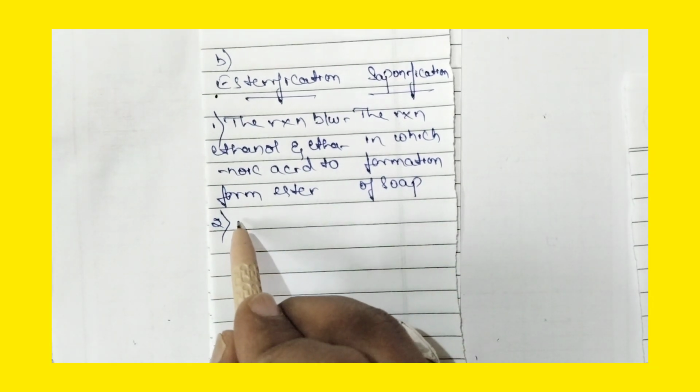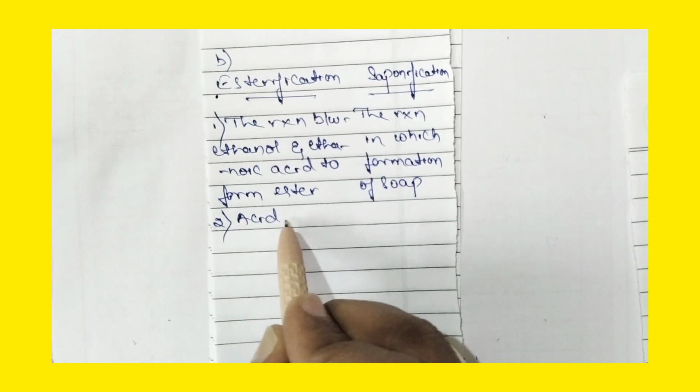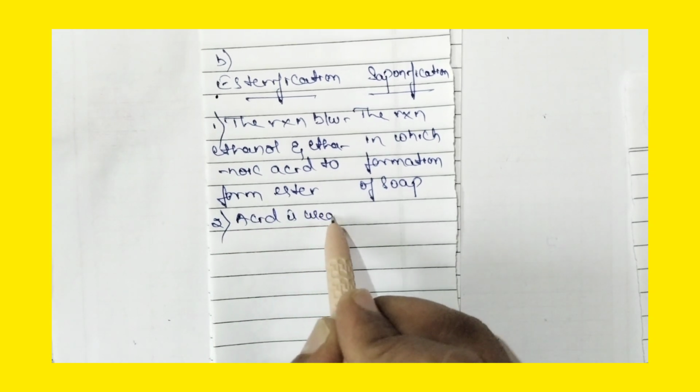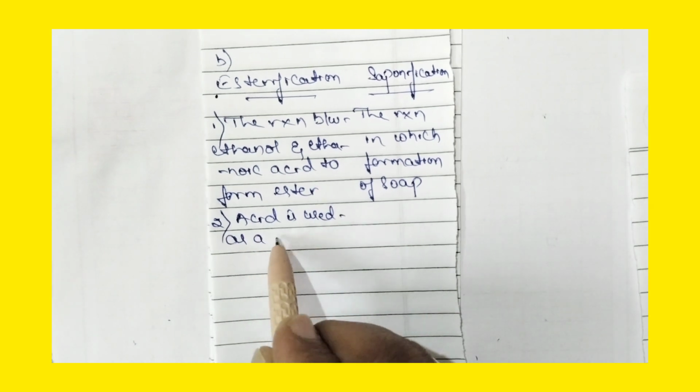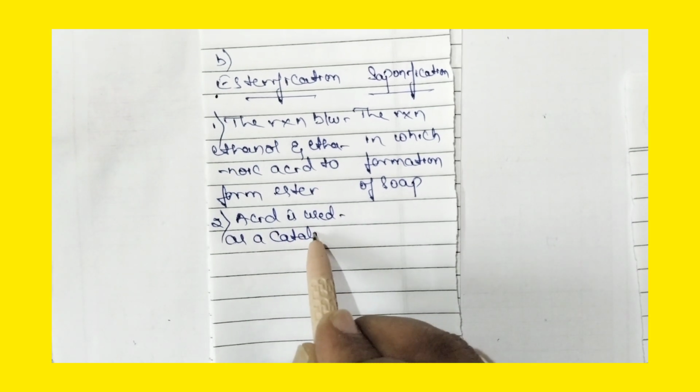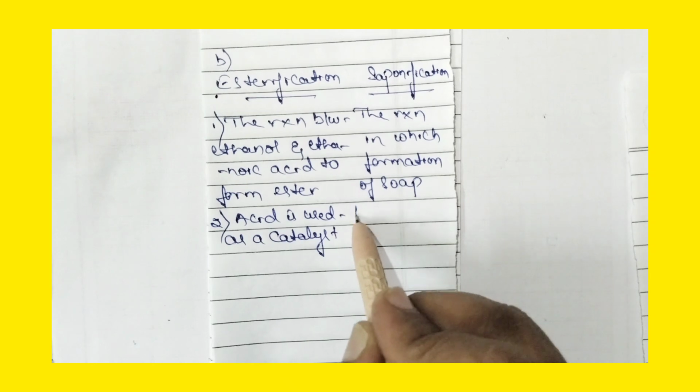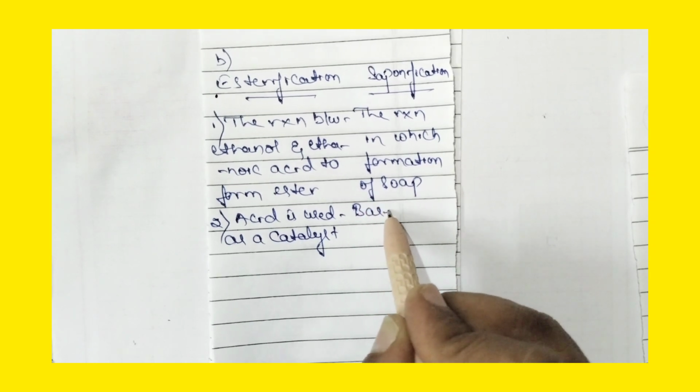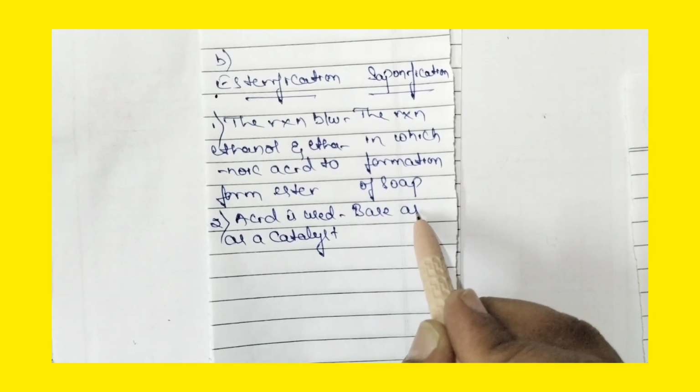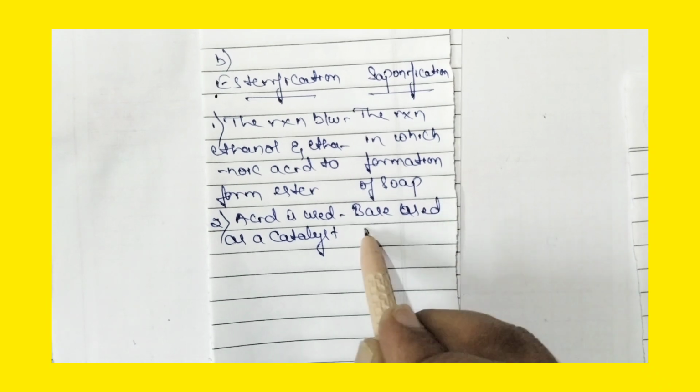Then the second difference: acid is used as a catalyst, and here base is used as a catalyst.